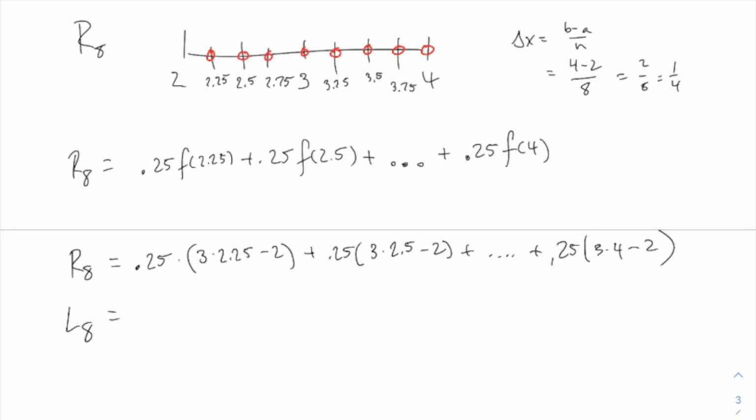You start with 2. You include the 2, but you exclude the 4. So it will say 0.25 times (3 times 2 minus 2), plus the next point would be 3 times 2.25 minus 2, etc. And the last one is 3 times 3.75 minus 2. Like that.